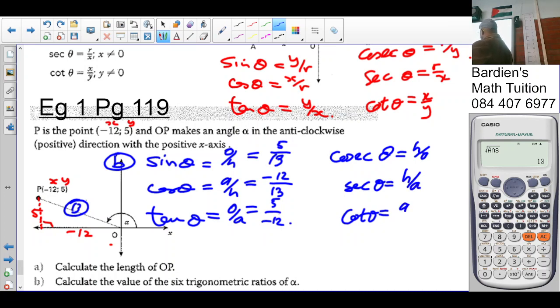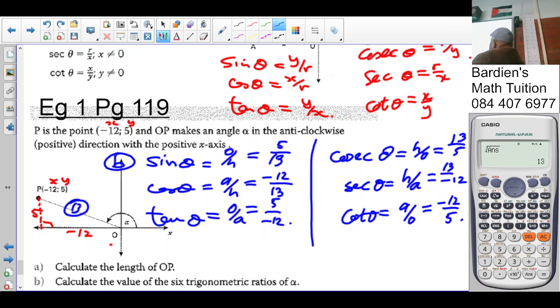So cosec would simply be 13 over 5. Sec, hypotenuse over adjacent, is going to be 13 over negative 12. And cot is, of course, negative 12 over 5. Is there any confusion here?